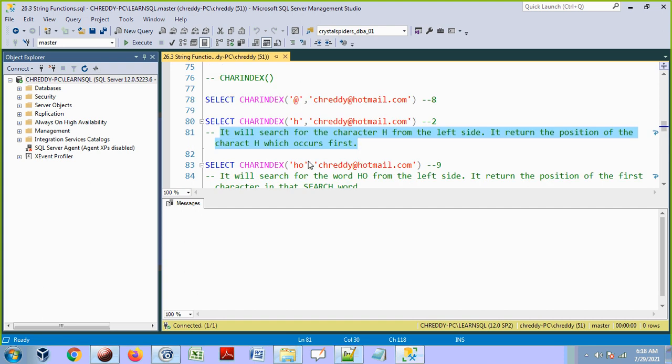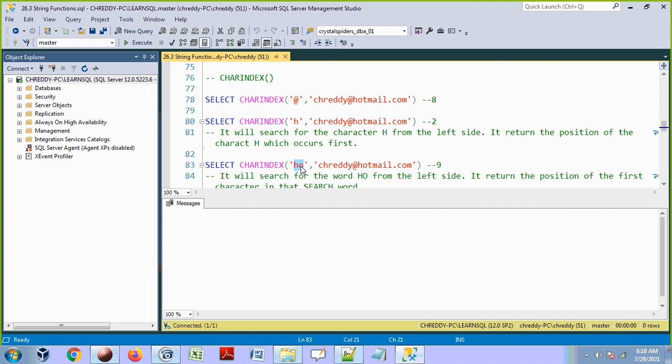And here I mentioned 2 characters, HO. If I give some different characters here which are not there in our value, it will not return anything.